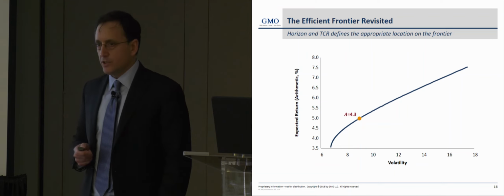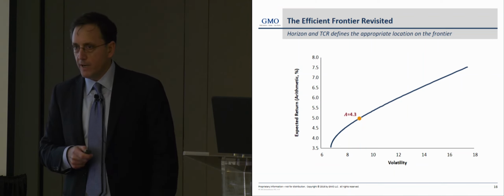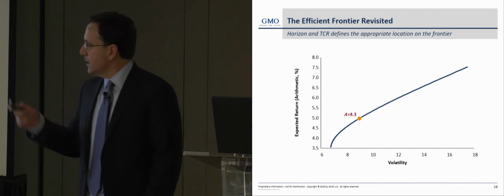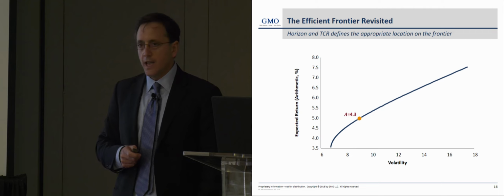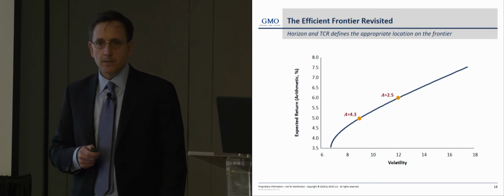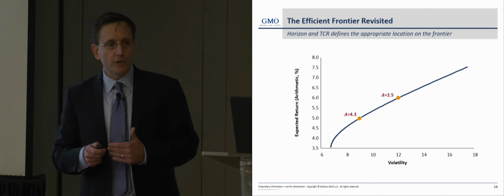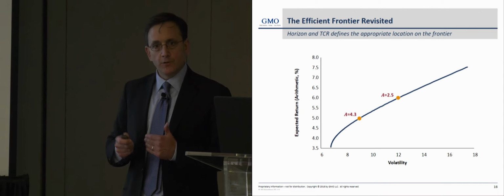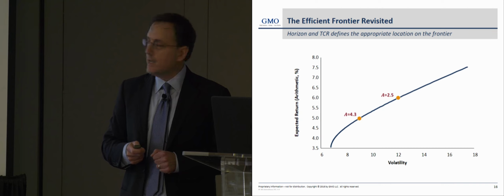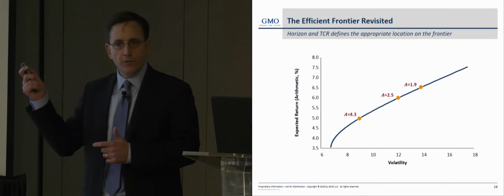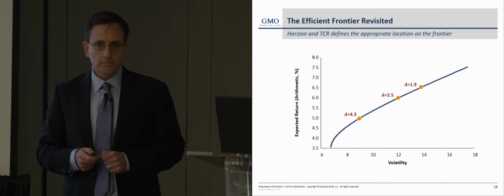So if you had a risk aversion coefficient of 4.3, then you would have a portfolio with an expected return of about 5% and a volatility of about 9%. As your risk aversion goes down to, for example, 2.5, you move higher up on the efficient frontier, and as it goes down even more, you move further on the frontier.